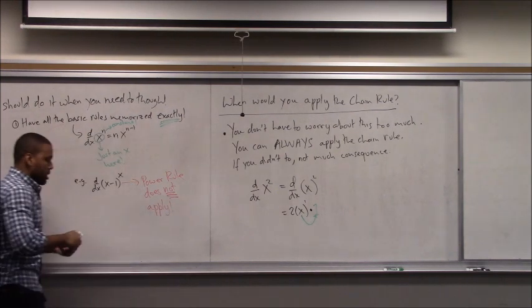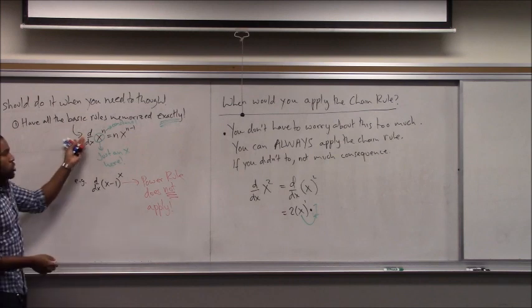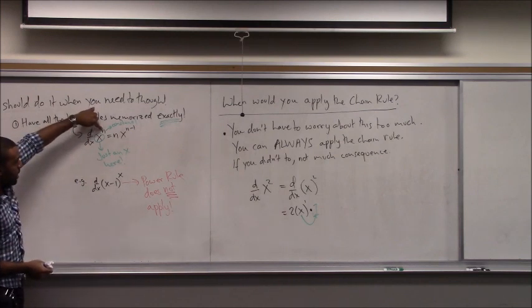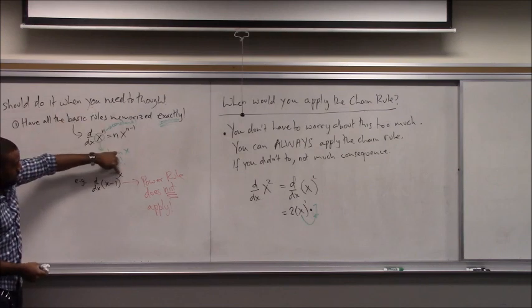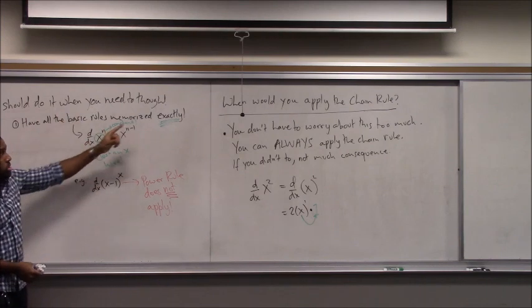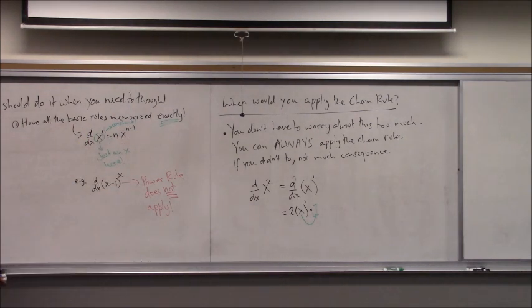And how you would know that the power rule does not apply is because you know the power rule super well, and you realize that in the power rule, the power is a constant, whereas here it is not. Therefore, the rule does not apply. So you need to know your rules very precisely. So that's the first thing. So the first step into knowing when you need the chain rule is to first know all the very basic rules, all the simpler ones that are simpler than the chain rule, know those very well, right?